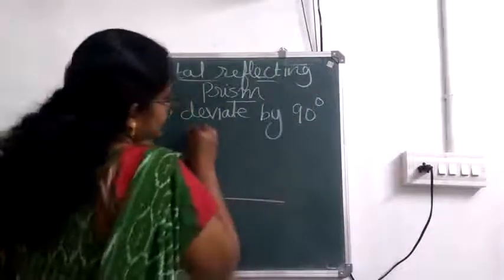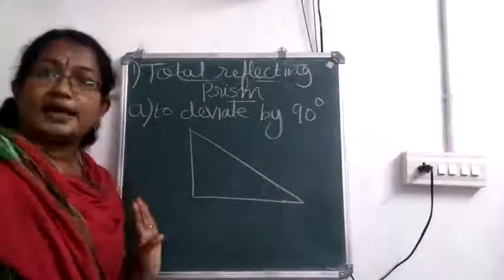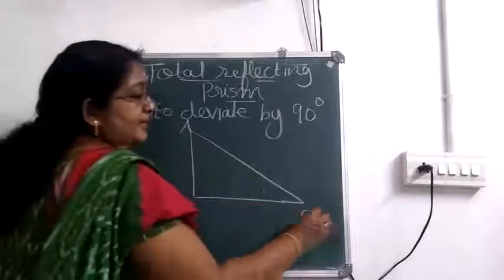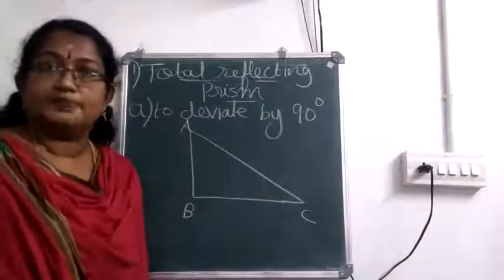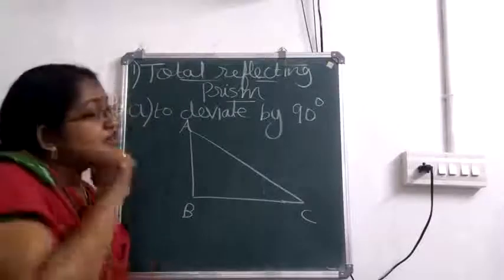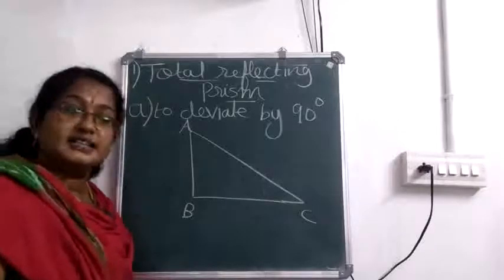So here I am considering a total reflecting prism, that is a triangular prism. Let me name it as A, B, C. Now we are going to check how this prism deviates a light ray by 90 degree.